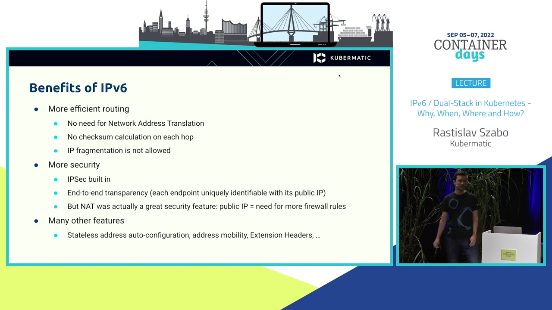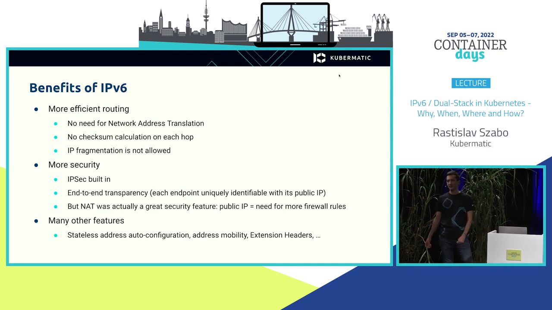On top of that, IP fragmentation is not allowed by design. There are some more advanced security features built in. IPsec is natively built into the protocol, and the fact that each endpoint has its own uniquely identifiable public IP address also means that we have end-to-end transparency.